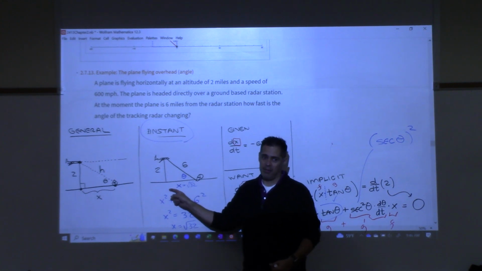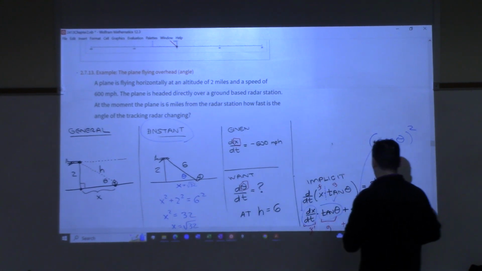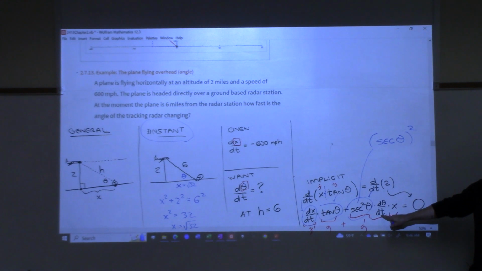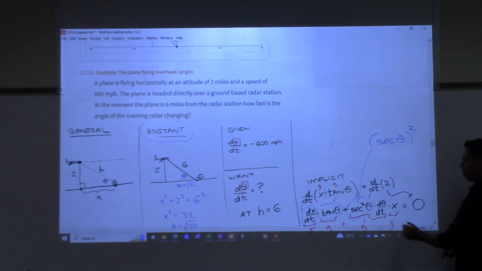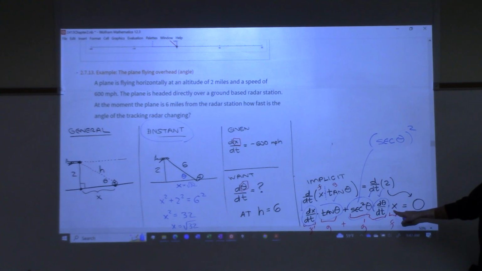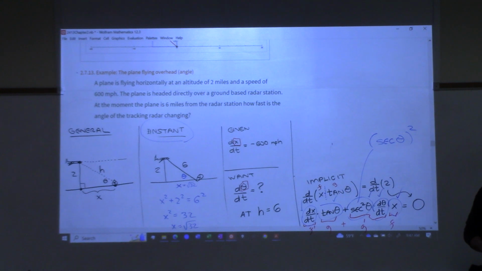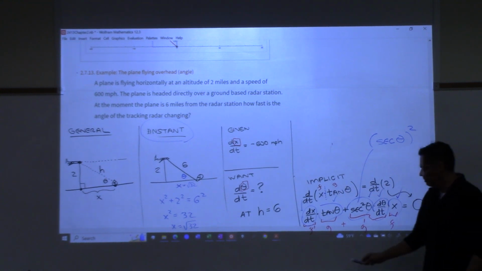Do you know what that is? Could you square it? So we should be good with this. d theta dt is what we're looking for, so I'm happy to see that. And finally, do we know what x is at this moment in time? Yes, square root of 32. Okay, we're in business. Let's plug everything in and get an answer.